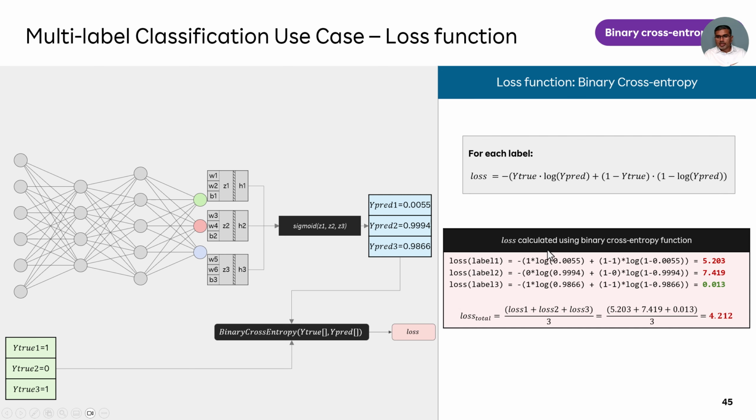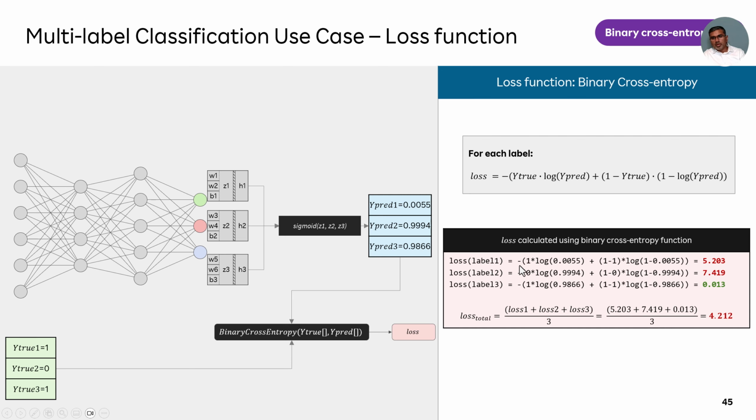And you do that for individual elements in this array. The reason you need to do that is because unlike in multi-class classification, where you only assign one of the classes to the input, in multi-label you can have 0 or more of these labels being assigned to the input. That's why you need to calculate individual losses here.